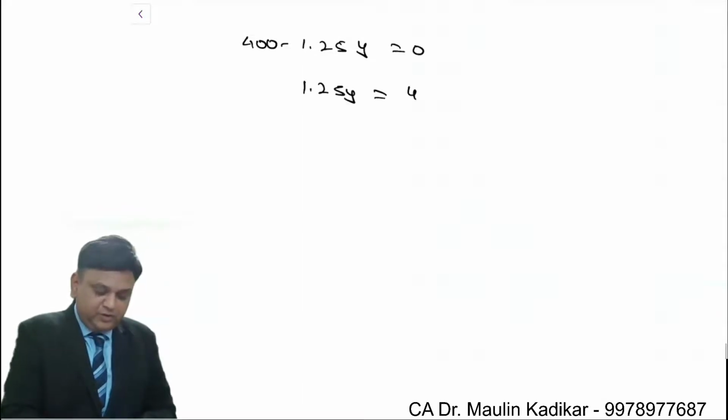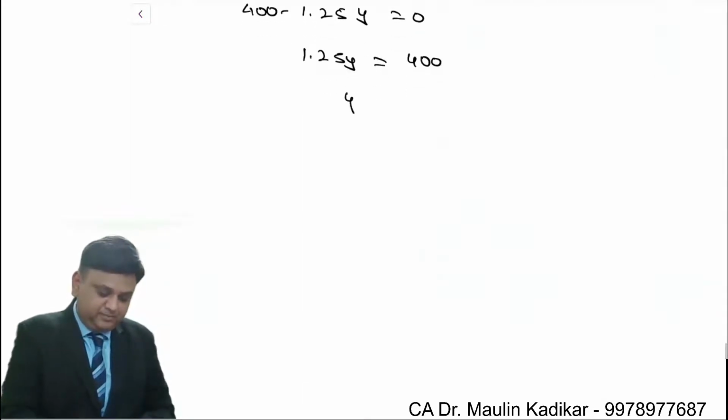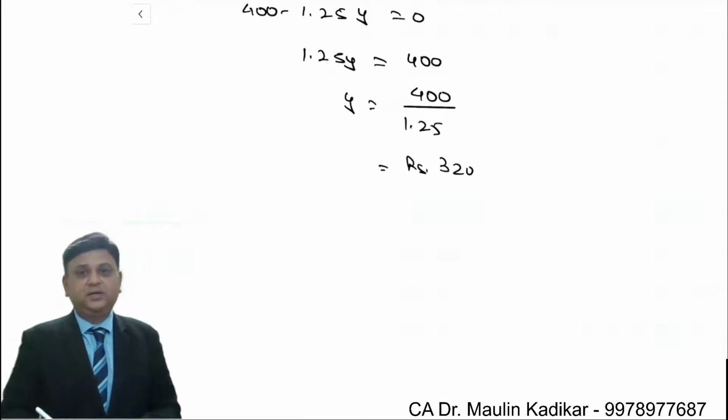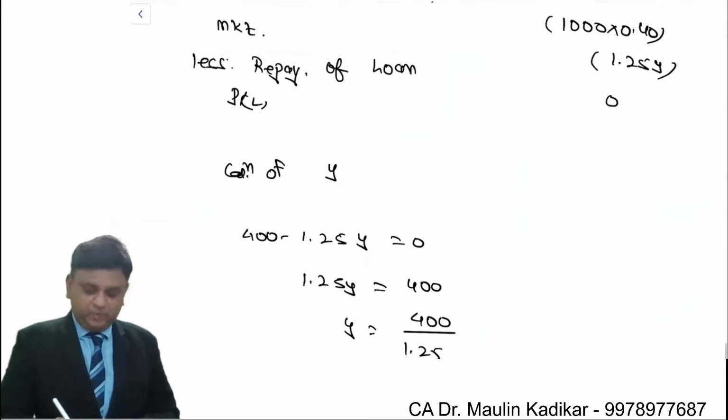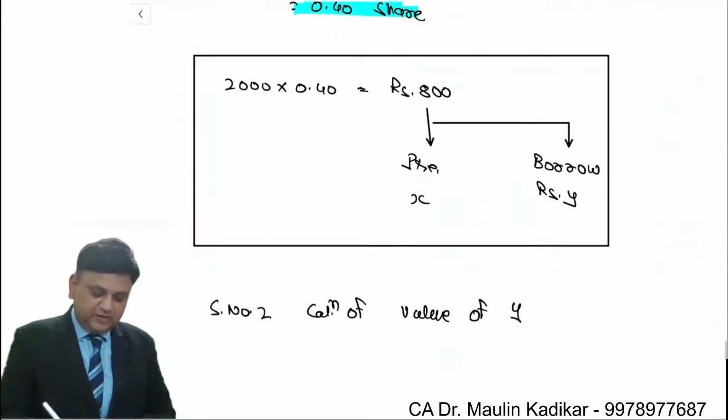So 1.25Y is equal to 400. Y is equal to 400 divided by 1.25. That comes to rupees 320. So step number 2 is calculation of Y, that is 320.